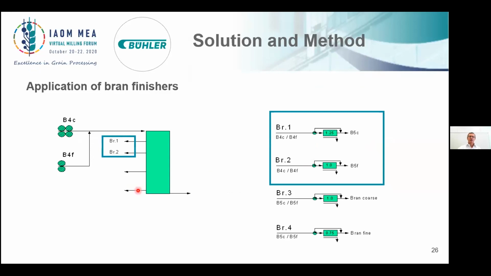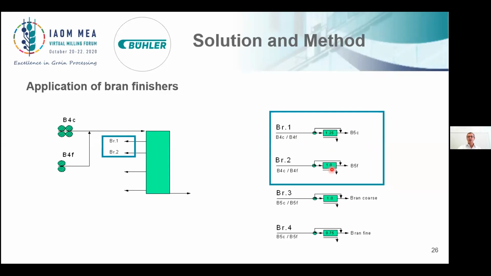So like on this flow sheet, we have before coarse, before fine. We bring the product together to the sifter. We have an over, bran finisher 1. We have a second over, bran finisher 2. Bran finisher 1 coming from the sifter before has a sieve opening of 1.25.